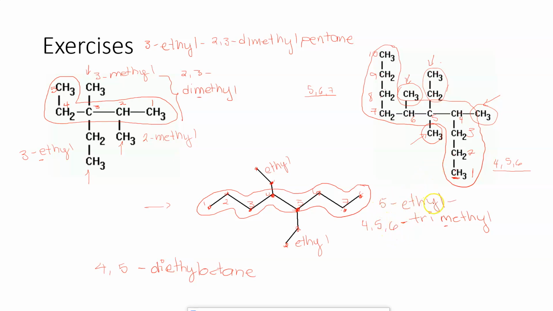So it's 5-ethyl-4,5,6-trimethyl, and then the name of the long chain, which is decane, because it has 10 carbons. All right? Once again, hyphens between number and words, comma between numbers, and at the end, nothing.